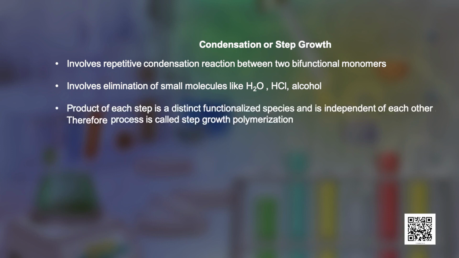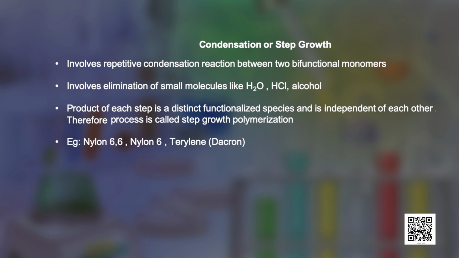In these reactions, the product of each step is again a bifunctional species and the sequence of condensation goes on. Since each step produces a distinct functionalized species and is independent of each other, the process is also called step growth polymerization.